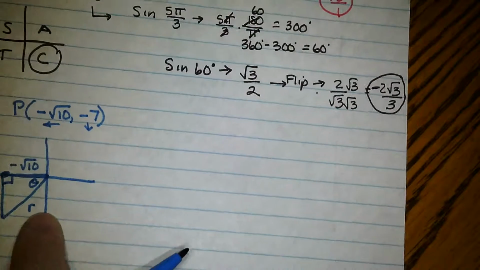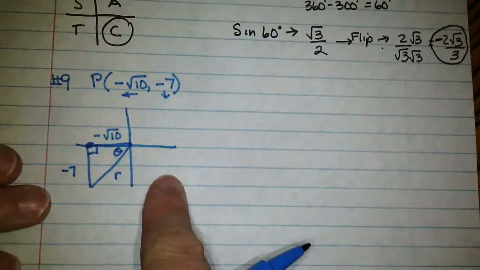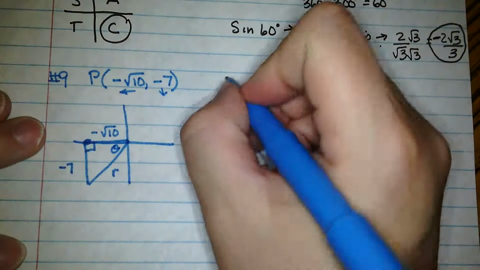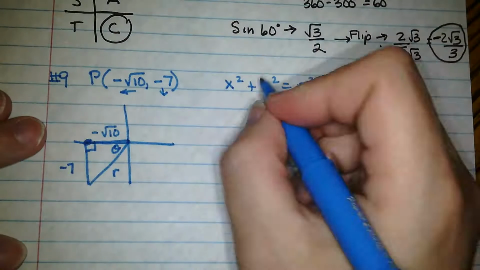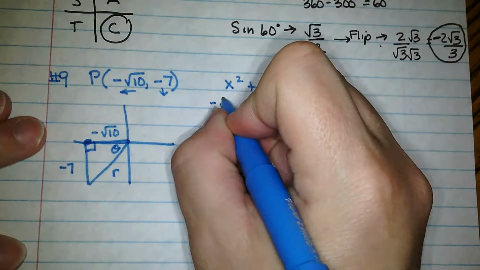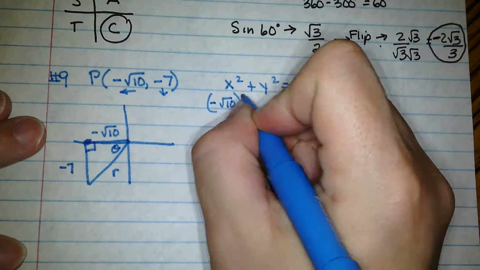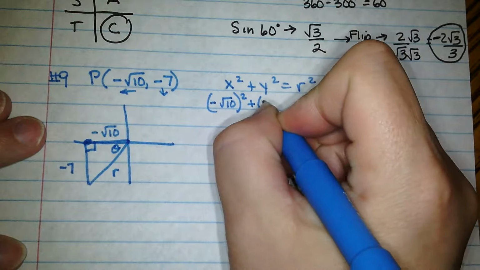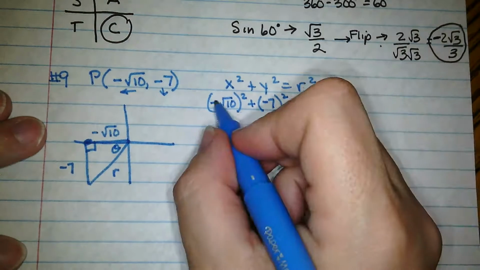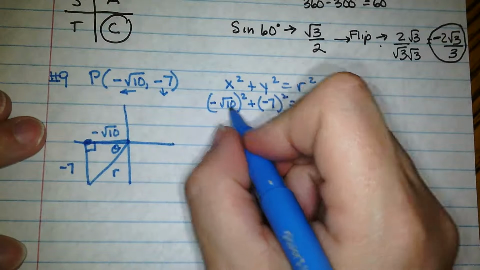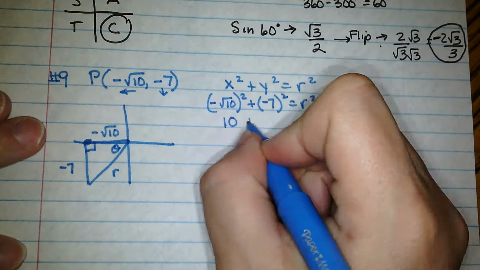So the first thing I want to do is find R. When I find R, I'm using x squared plus y squared equals R squared. So I need negative radical 10 squared plus negative 7 squared equals R squared. The negative squared becomes a positive. Radical 10 squared becomes 10.